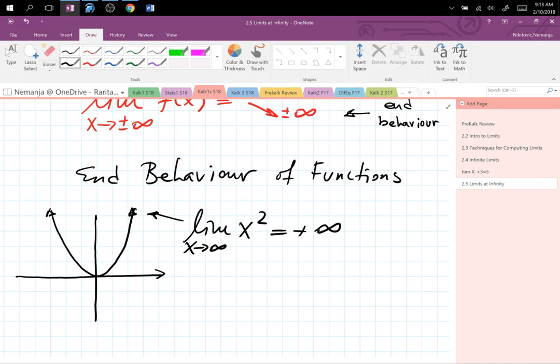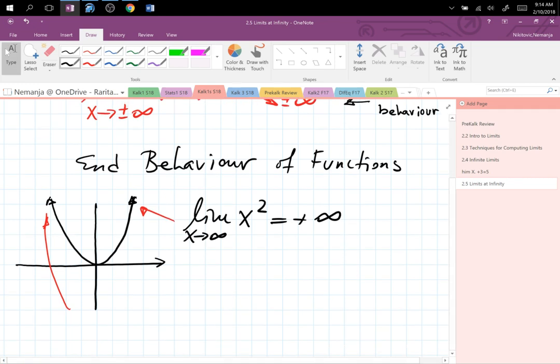And then on the other end, over here, maybe I should use a different color for these arrows. On the other end, we have that the limit as x goes to negative infinity, because it's going infinitely to the left, is also going to give you positive infinity.